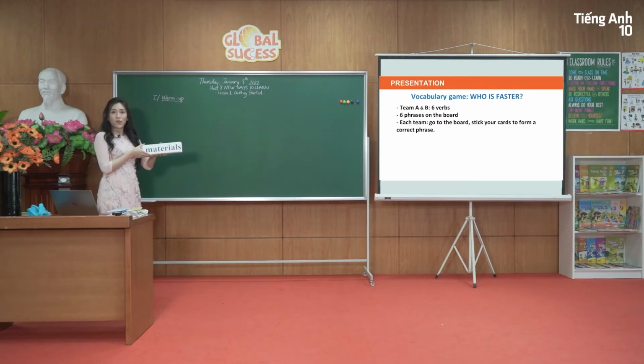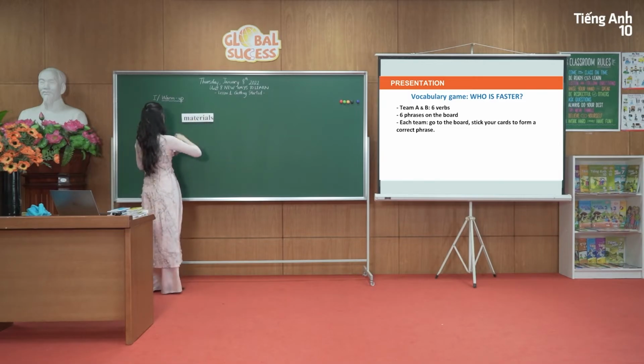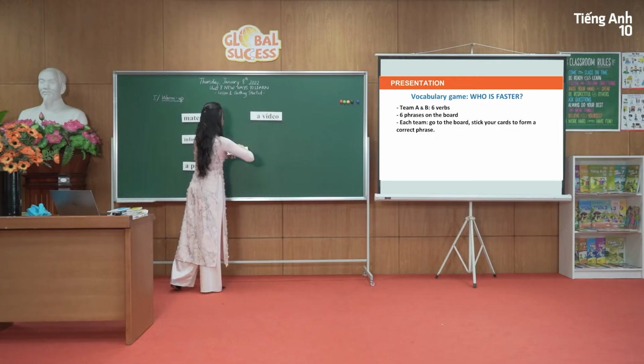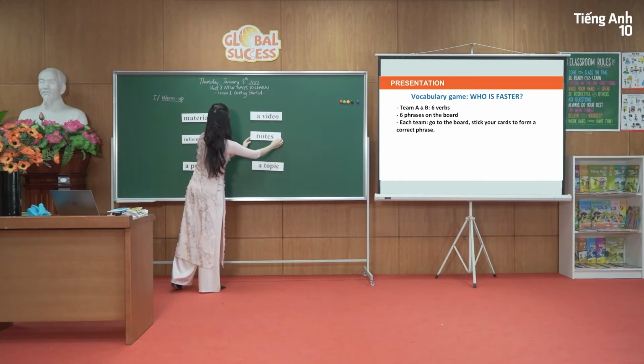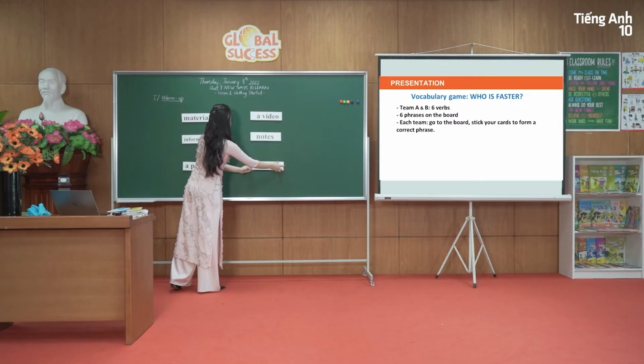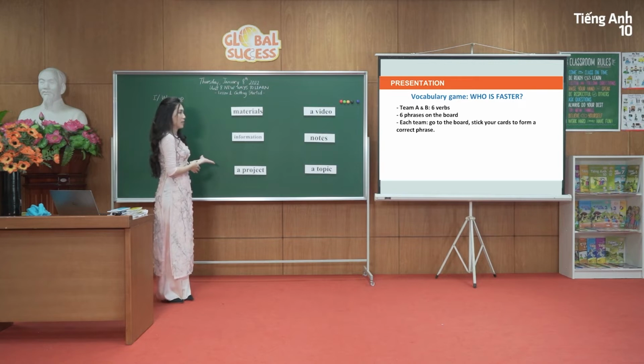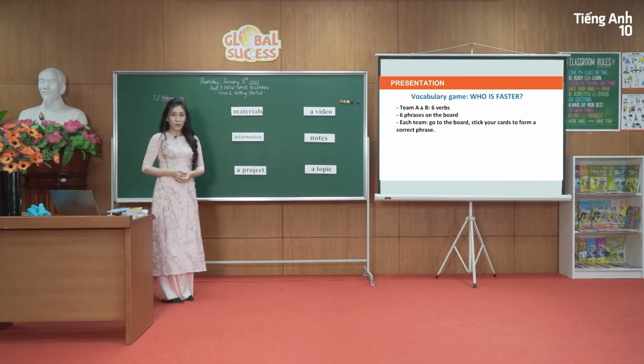I have 6 phrases on the board ready. Each team will send one member to run to the board as fast as possible and stick your cards to form a correct phrase.